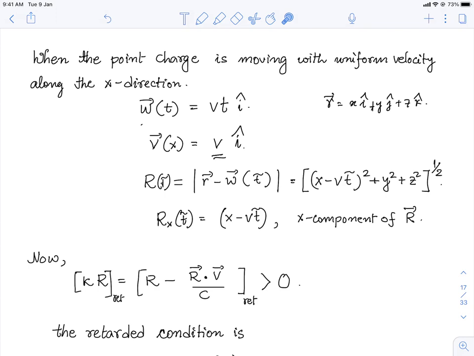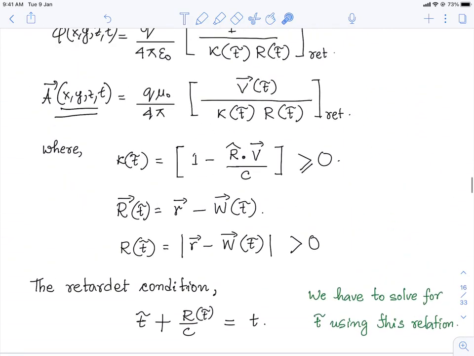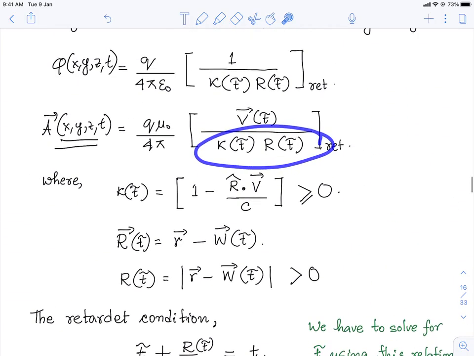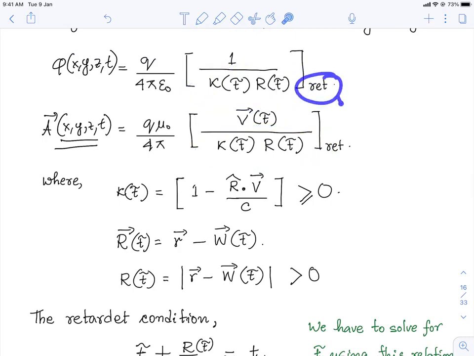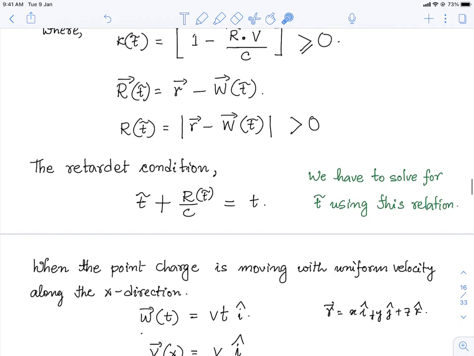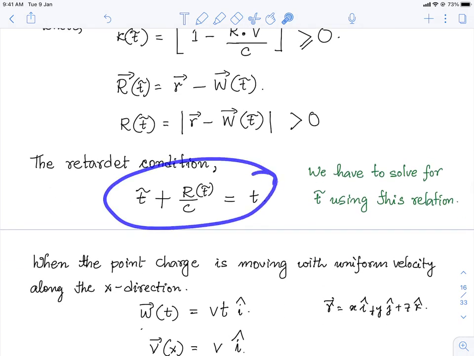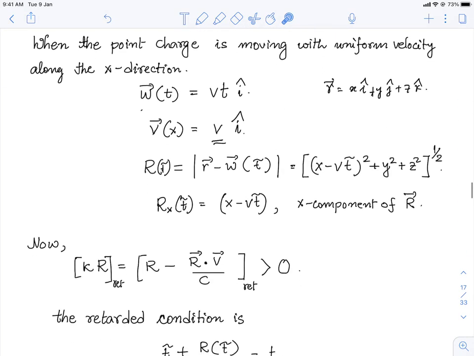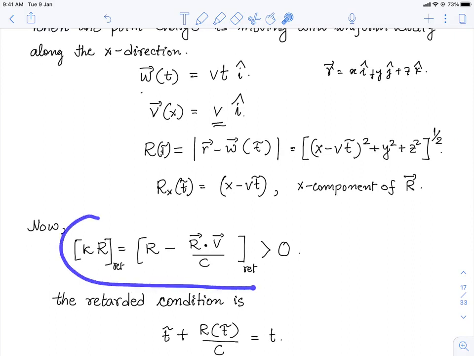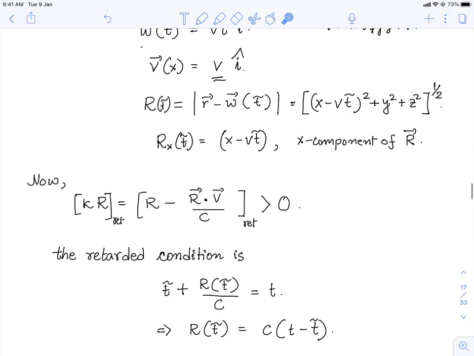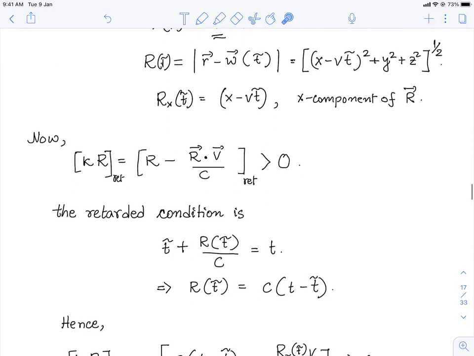Now we are interested in finding kappa times r retarded, which is the denominator. In both the expressions, there's a denominator, which is kappa times r retarded. So we have to write these objects out, then solve the retarded condition and plug it back in here. This is our expression for kappa r retarded, which has to be greater than 0. And this is the retarded condition which we need to solve for and plug back in.